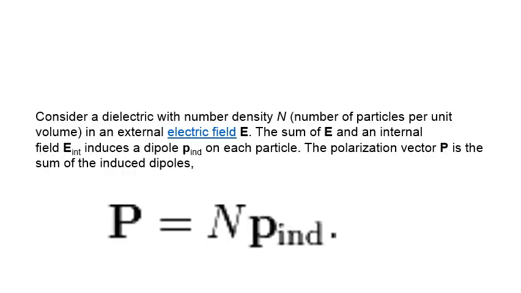Consider a dielectric with number density N. The meaning is, suppose you have a dielectric in which the number density, meaning the number of particles per unit volume, is capital N. When we keep this dielectric material in an external electric field E, the sum of the electric field and an internal field E internal induces a dipole moment P induced.